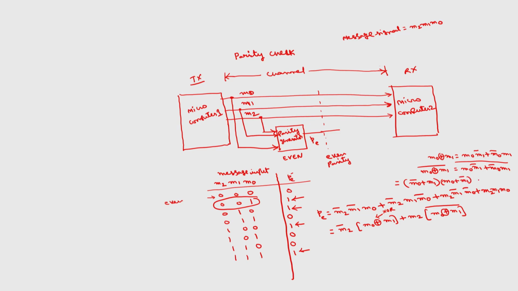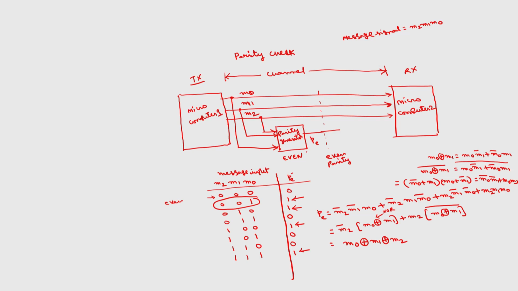So, M0 M0 bar becomes 0. So, we get M0 M1 bar plus M0 M1. So, this is again an exclusive OR, and the exclusive OR operation has both associative and distributive properties. So, we can write this as M0 exclusive OR M1 exclusive OR M2. No bracket is required because of the associative and distributive properties of the exclusive OR gate.